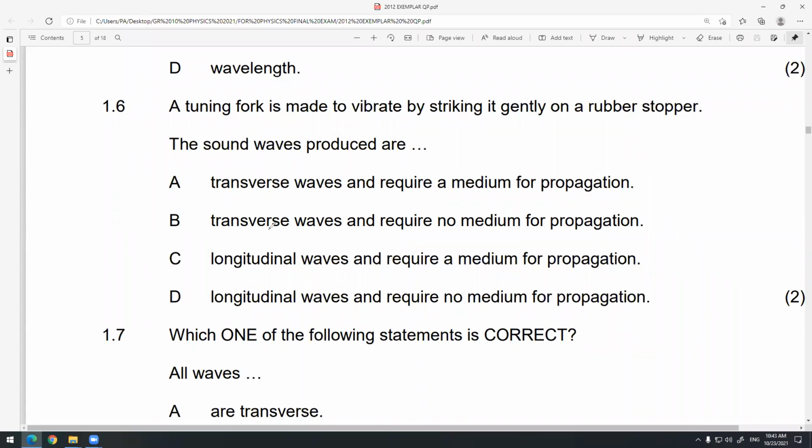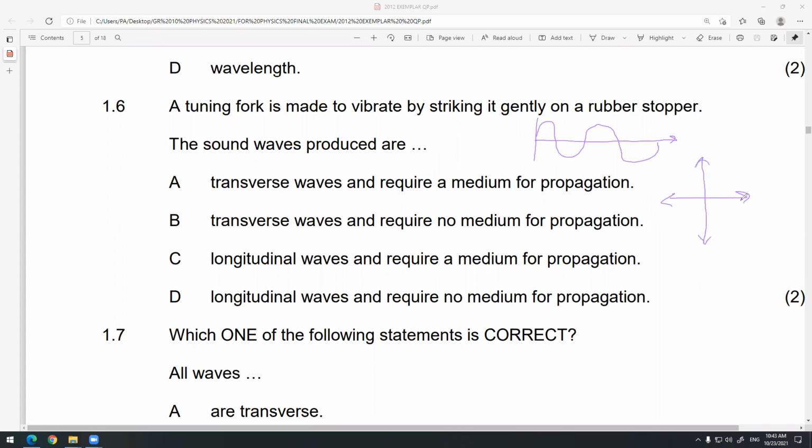What's the difference between these two, people? Transverse waves: particles go up and down, and waves go left and right, or the opposite, but perpendicular.